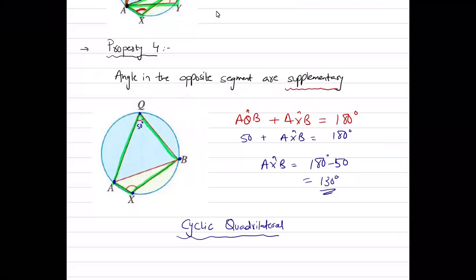So if all four vertices are on the circumference, the opposite angles are always going to be supplementary, meaning this angle added with this angle must add up to 180 degrees. Similarly, angle A added with angle B over here must add up to 180 degrees, because they are in opposite segments.